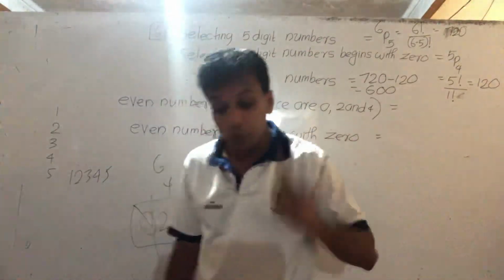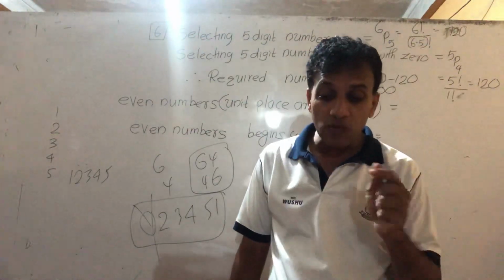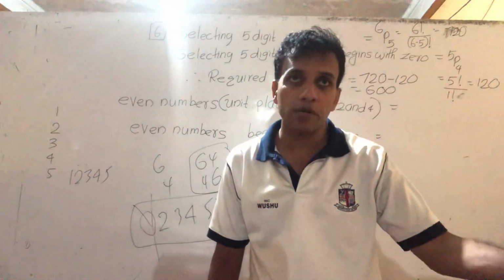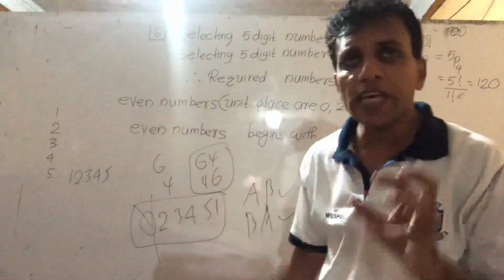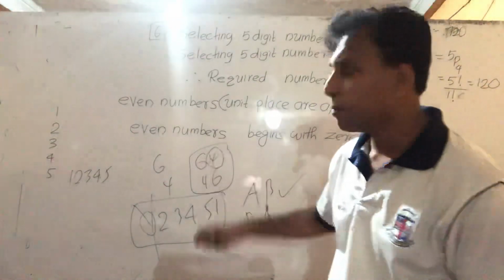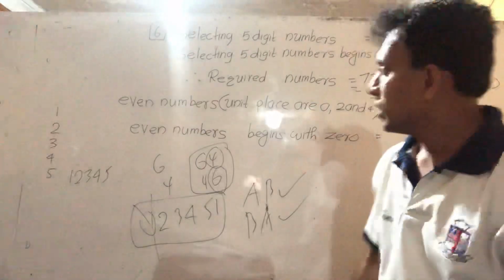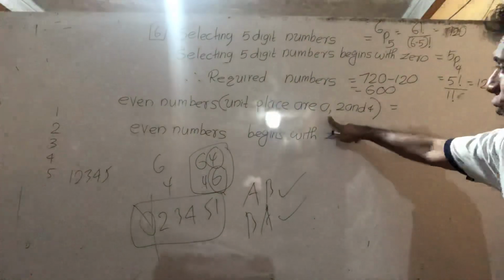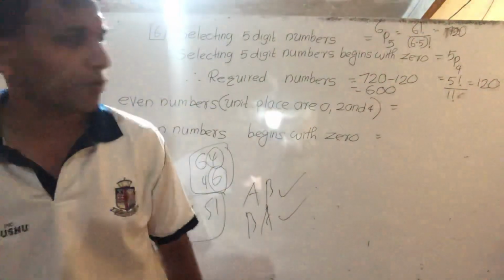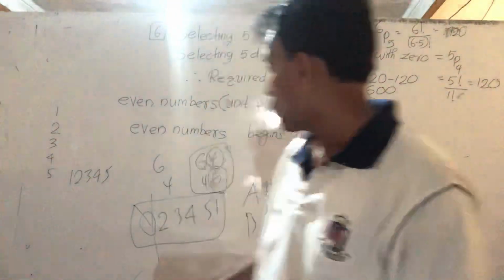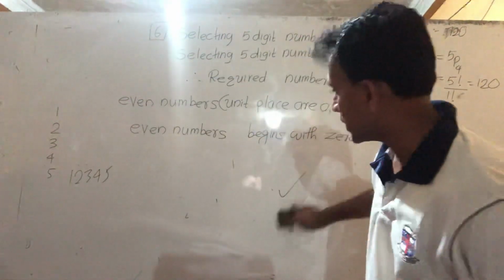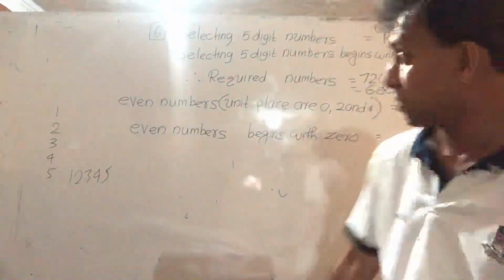Now they ask, out of these, how many even numbers are there? The same can be asked for odd numbers. Okay, so what do we mean by even numbers? Like 64, the unit place is an even number. The unit place digits that give even numbers are 0, 2 and 4. 0 or 2 or 4 in the unit place gives the even number possibilities, right?